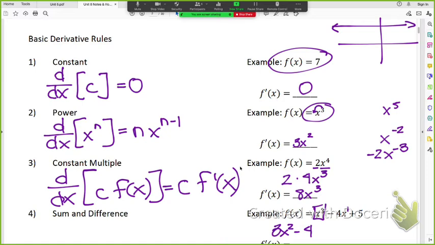Usually you keep the x and subtract 1 from the exponent. But if I subtract 1 from the exponent, it gives me x to the what? 0 power. If x is to the 0 power, it equals 1. It's just the number 1. So really what happens to the x? It goes away. The 4 stays.